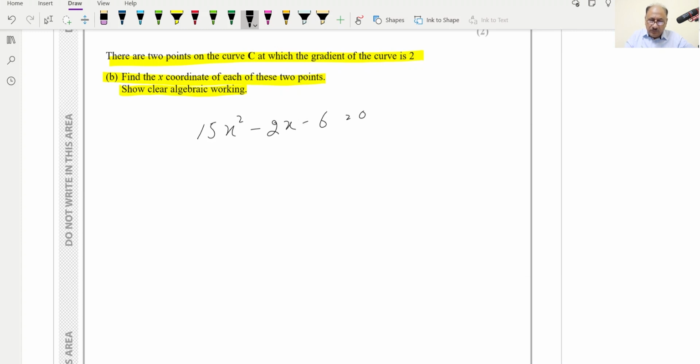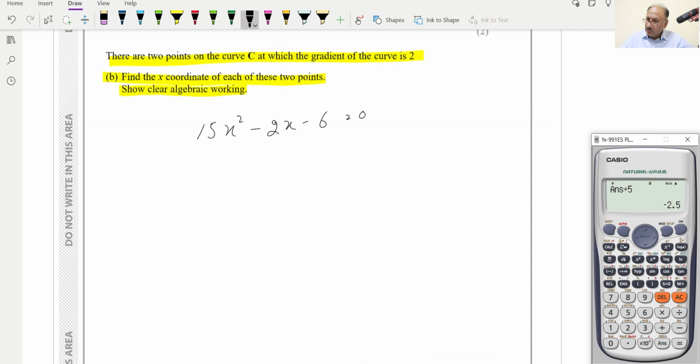For this one we can check with the mode 5 3 function, where the coefficient of x squared is 15, the coefficient of x is minus 2, and minus 6 is the constant value. So these are decimal values.